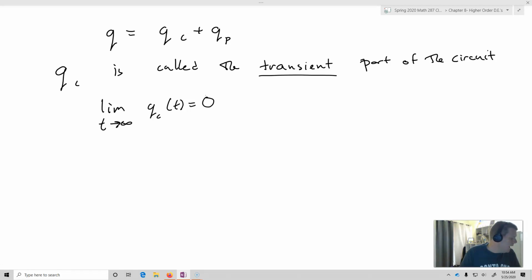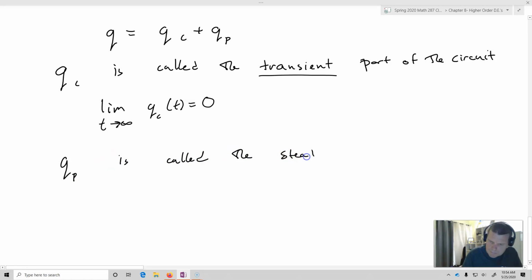And QP is called the steady state part of the circuit.